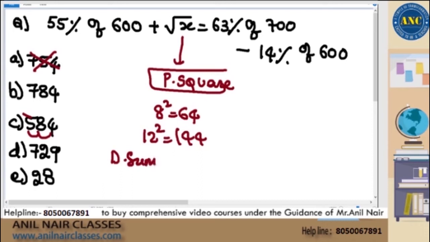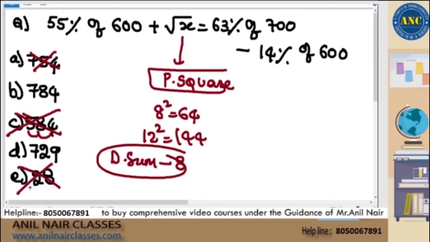What is the digital sum here? 8. A perfect square will have digital sum 1, 4, 7 or 9. This is eliminated. A perfect square never ends with 2, 3, 7 or 8. Only we are stuck between these two logics. I hope it is clear. Now we are stuck between 784 or 729.